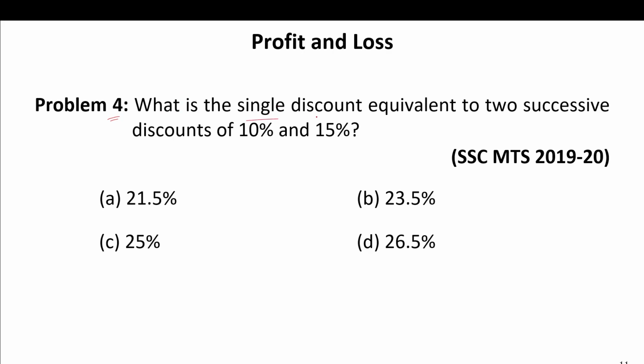So what is the single discount equivalent to two successive discounts of 10% and 15%? Let's first do it by the formula method. Okay, so let's do it by method 1, that is the formula based. So for A and B percent of successive discount, it is equal to A plus B minus AB by 100 percent, right?